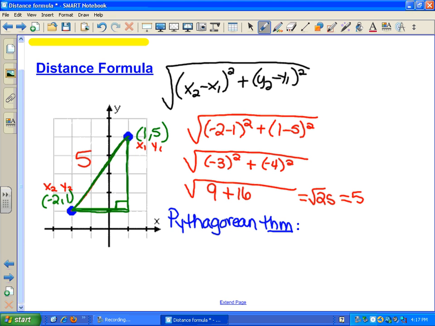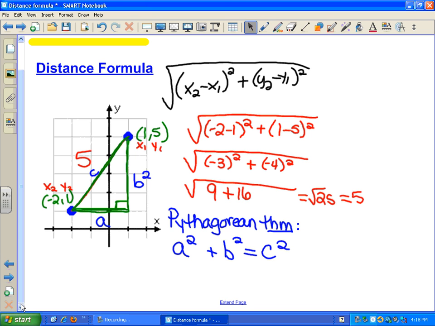What the Pythagorean theorem says is if you take one of the sides, and we'll call it A, and you square it, and you add B squared, so another side squared, that's going to equal C squared, which is what we're trying to find, the hypotenuse, which is the distance between those 2 points.